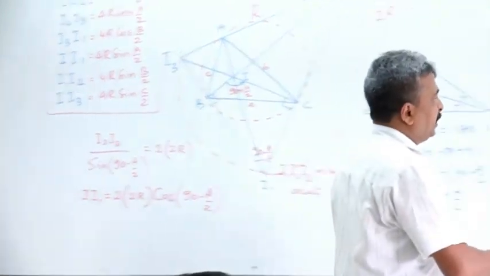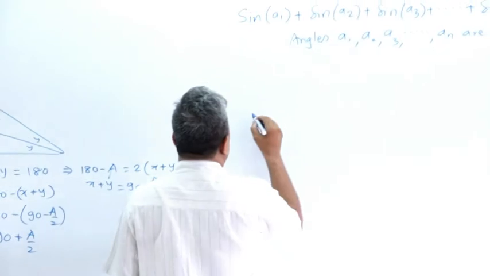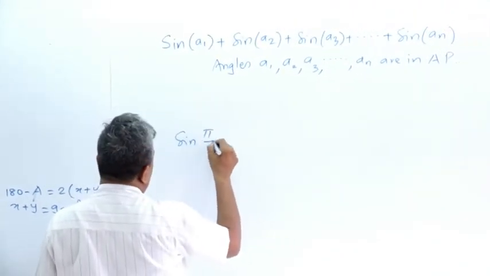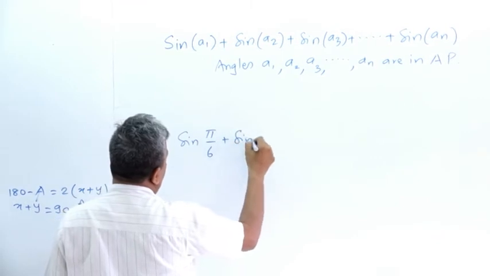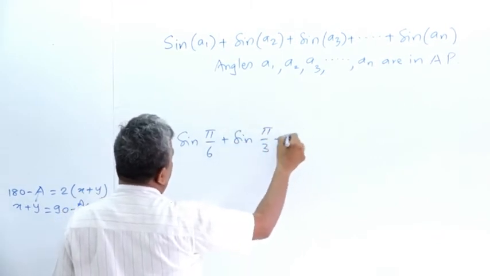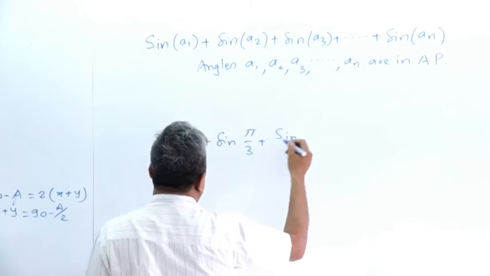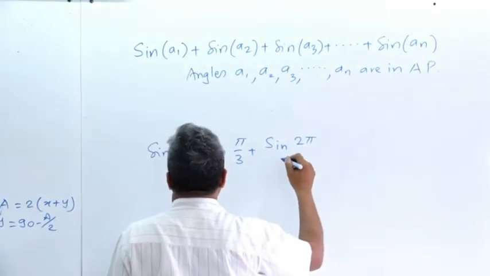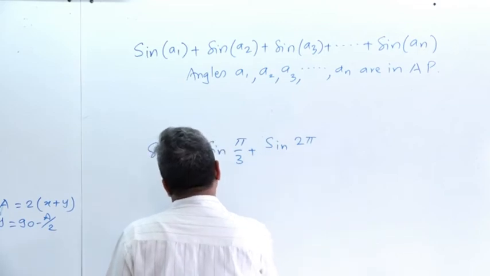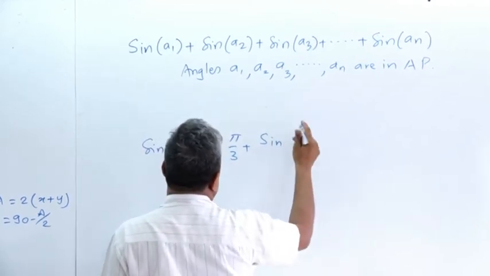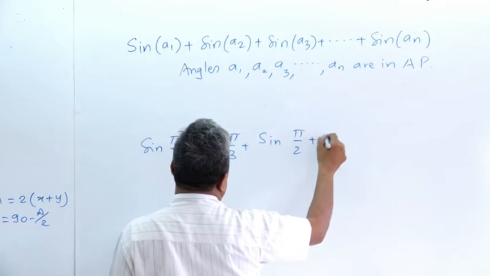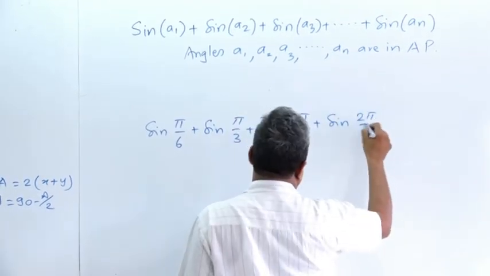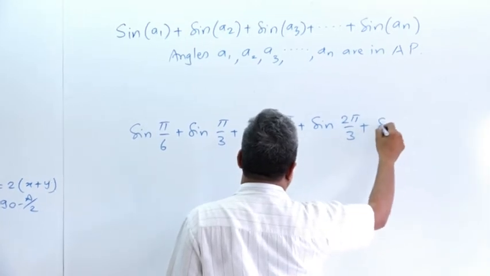Say for example, the problem could be: find sin pi by 6 plus sin pi by 3 plus sin pi by 2 plus sin 2 pi by 3, and so on.